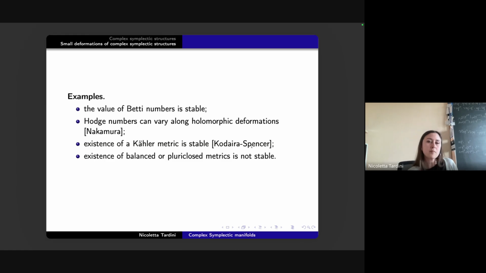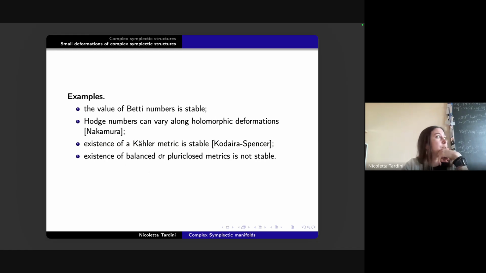On the other side, the existence of other Hermitian metrics is not stable. The existence, for instance, of balanced metrics or pluriclosed metrics is not stable under small deformations of the complex structure. I will not talk about these, but they are well-known, well-studied special Hermitian metrics on complex manifolds, and it is known that they are not stable.